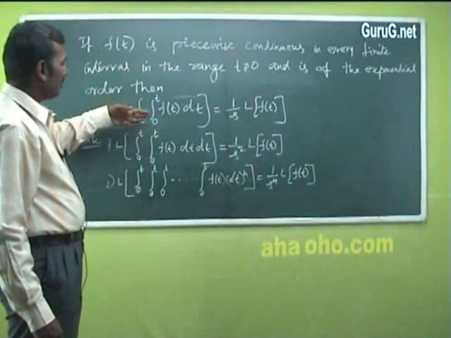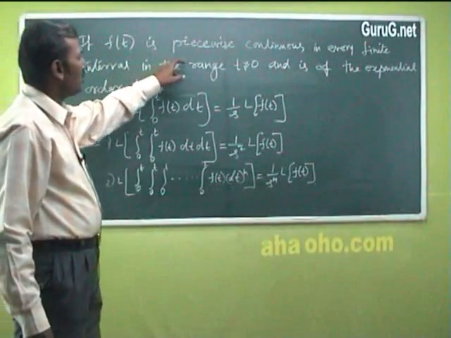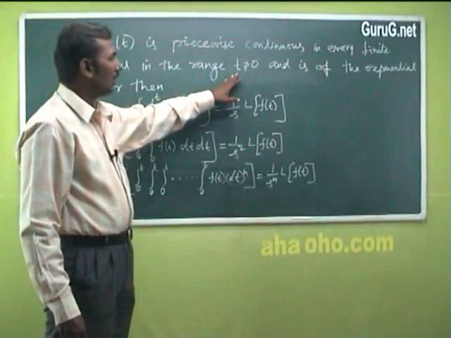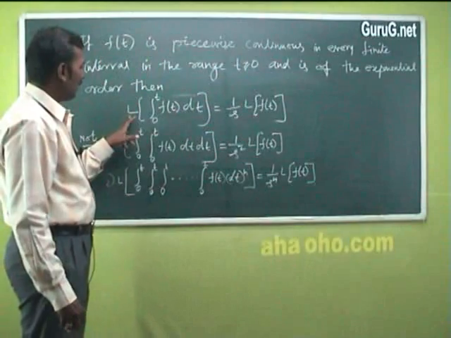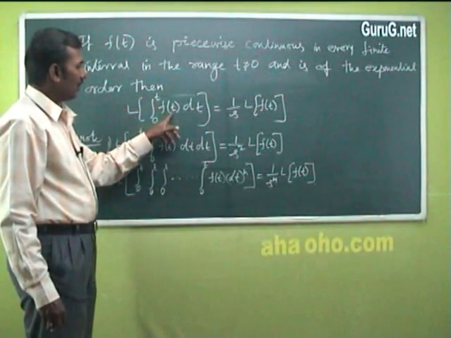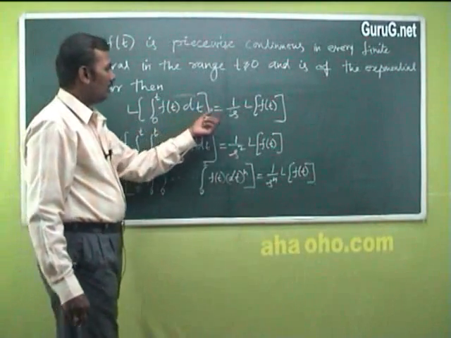Next one, Laplace transformation of integrals, right? If f of t is piecewise continuous in every finite interval in the range t greater than or equal to 0 and is of the exponential order, then Laplace transformation of the integral 0 to t f of t dt equal 1 by s into L of f of t.